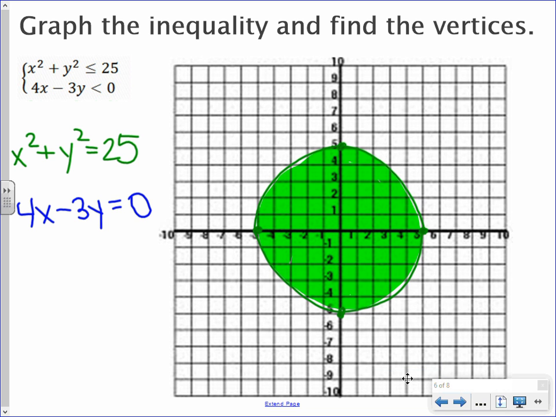You don't always have to put your lines into slope-intercept form, but this may be a good time to do that. 4x equals 3y, so y is 4/3 x. So we have a line with a y-intercept of 0, 0 and a slope of 4/3. So 1, 2, 3, 4, 1, 2, 3; 1, 2, 3, 4, 1, 2, 3.